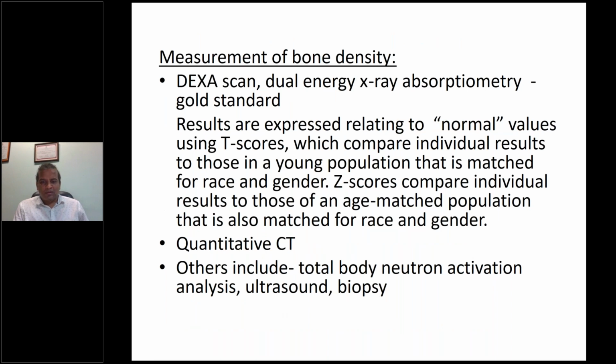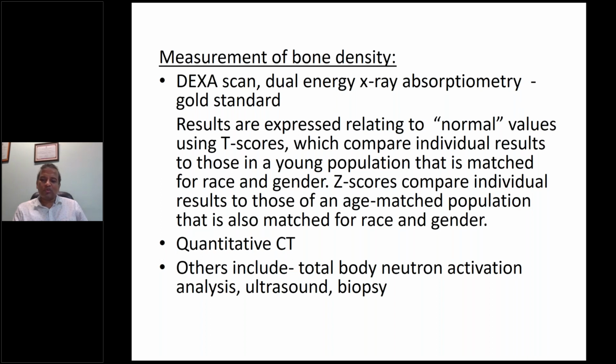The measurement of bone density, or DEXA scan, is the gold standard to label a patient as osteoporosis or osteopenia. The results are expressed in relation to two values, T score and Z score. The T score is related to the young population of the matched race and gender, whereas the Z score is the age matched population of the same race and gender.